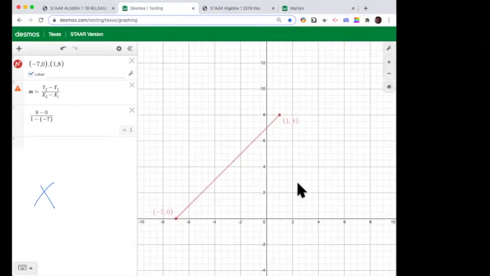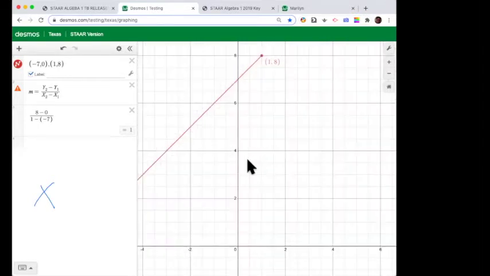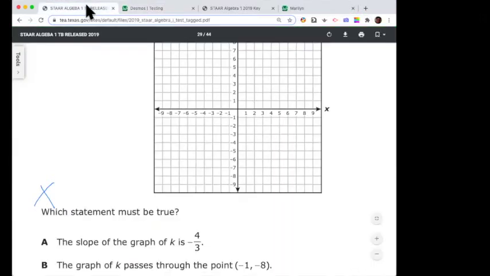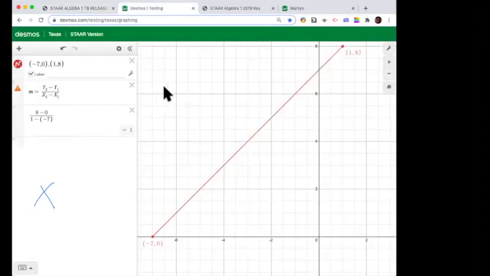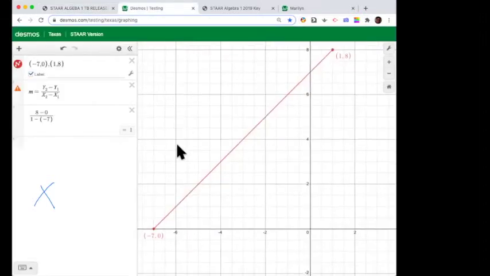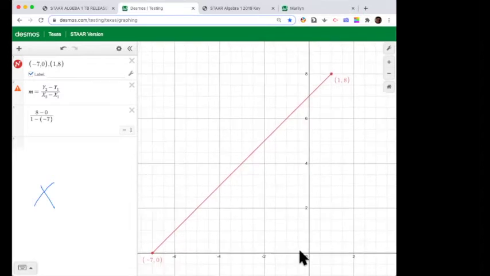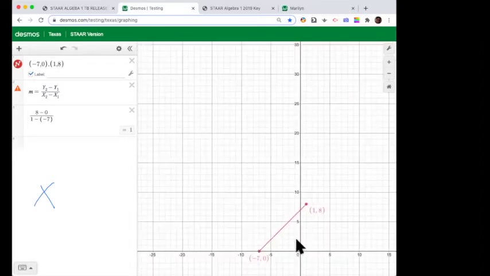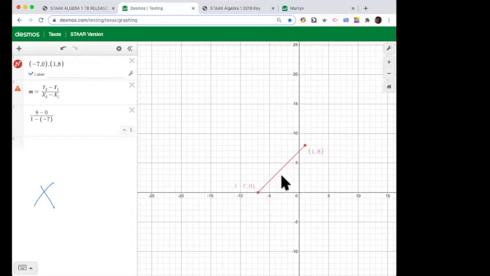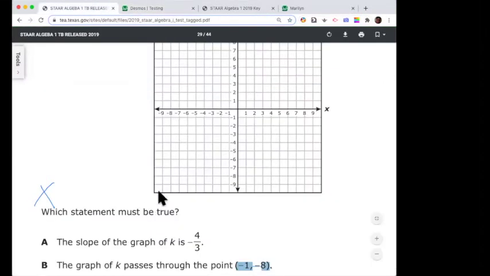The next statement asks us, the graph of k passes through the point -1, -8. That would be down here and nowhere near it. So we cross that one off.